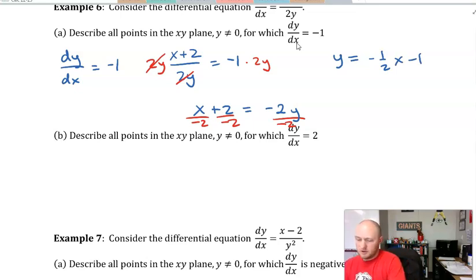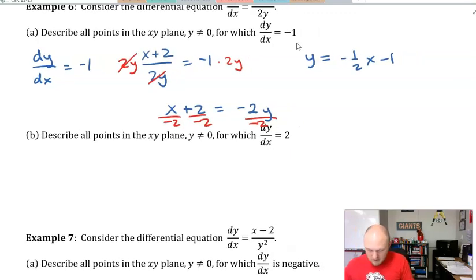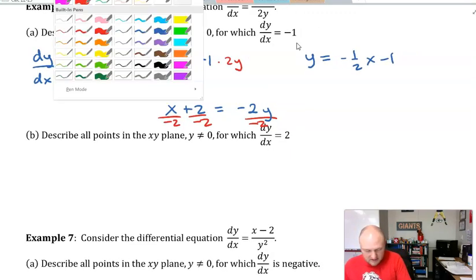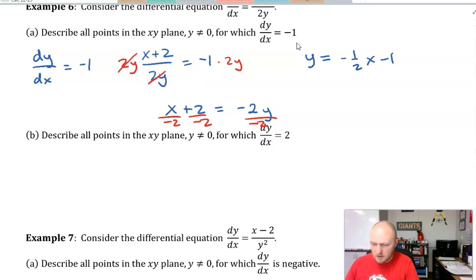Okay, so I have that example. So what does it all mean? Well, they want a response here.